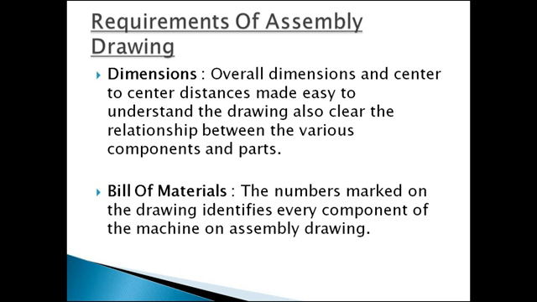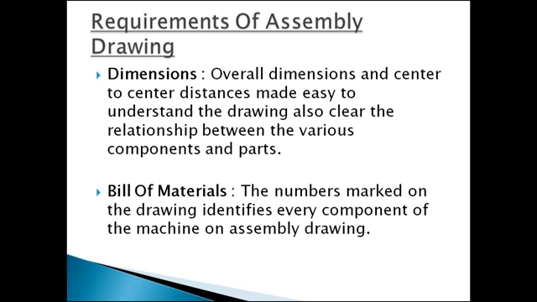So friends, the next important thing is the bill of material. The numbers marked on the drawing identify every component of the machine on an assembly drawing. So friends, the bill of material is a very important entity on this assembly drawing. In assembly drawings, we give a number to every part.